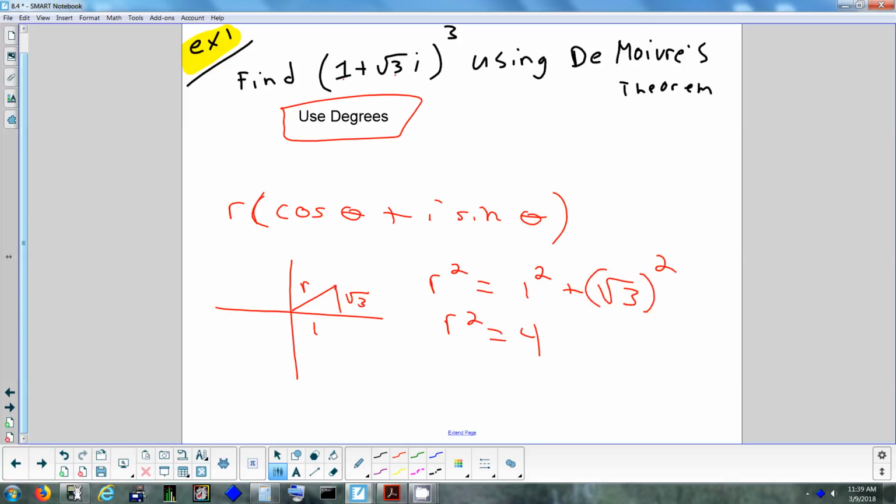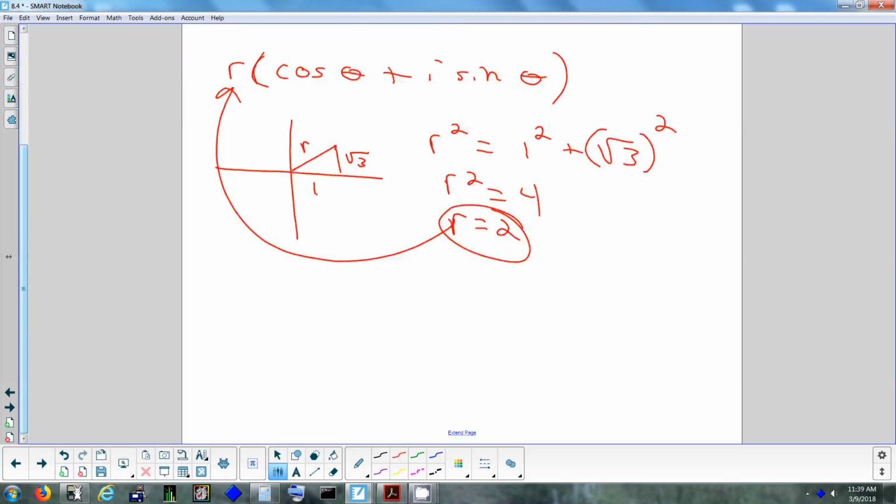So r squared equals 1 squared is 1, square root of 3 squared is 3, so 4. What's my radius? 2. Okay. So we've got half of what we need. We've got r. Now I need to find theta. What's my formula for theta if I'm in quadrant 1?